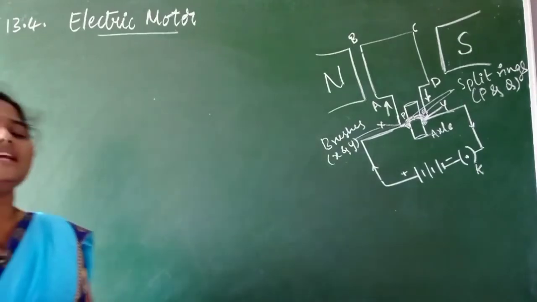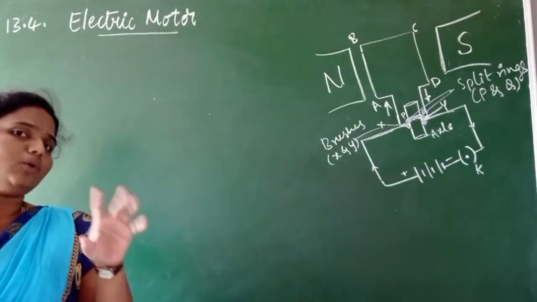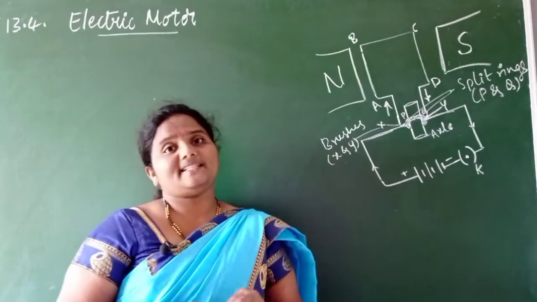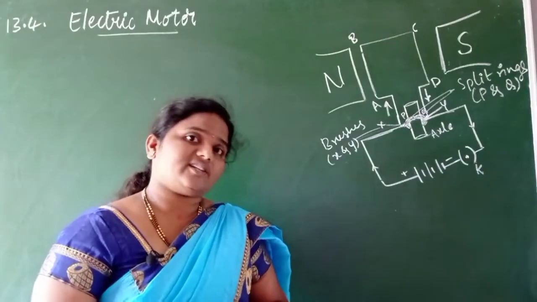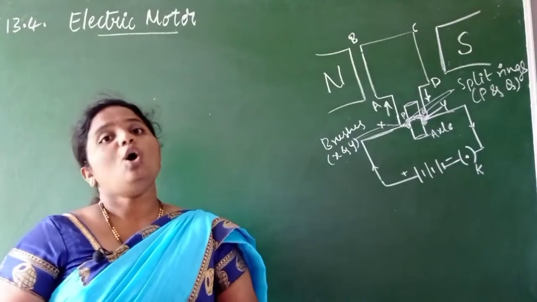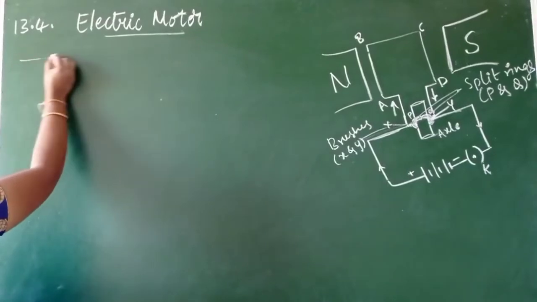In our daily life we hear the word motor, isn't it children? What actually does an electric motor mean? It's a rotating device, children. It converts electrical energy into mechanical energy. Got it children? What is meant by an electric motor?